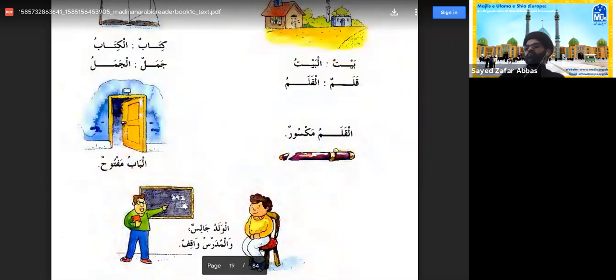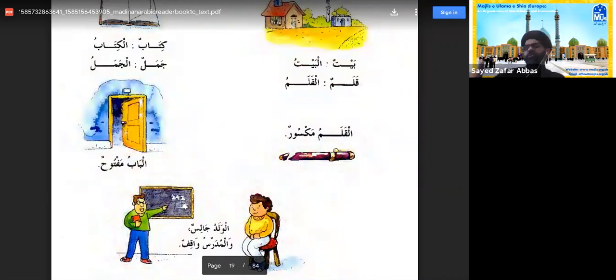So instead of two Dhamma, now it's only got one Dhamma. So Baytun, but Al-Baytu. Kitabun, Al-Kitabu. Qalamun, Al-Qalamu. Jamalun, Al-Jamal. So we see the two things which have changed. The meaning has changed, and also how we pronounce the word has changed.